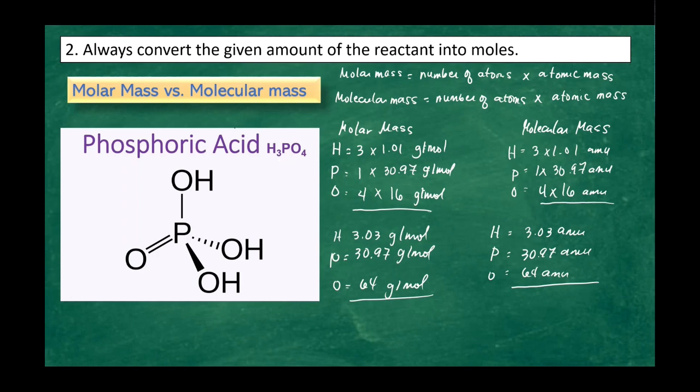What is our molar mass? Okay, thank you, Marvin. That is correct. So it is 98 grams per mole, and here we have 98 AMU.